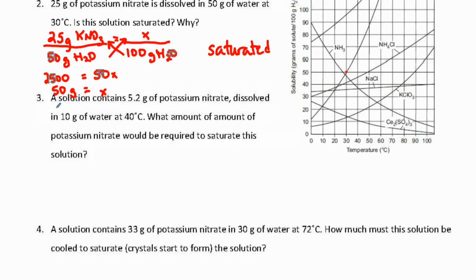This next one: a solution contains 5.2 grams of potassium nitrate dissolved in 10 grams of water at 40 degrees Celsius. What amount of potassium nitrate would be required to saturate this solution? As soon as you see you're not dealing with 100 grams of water, your first step should be to set up a proportion.